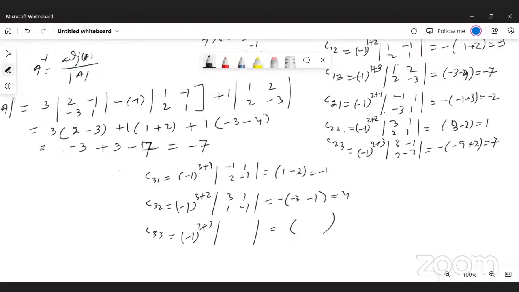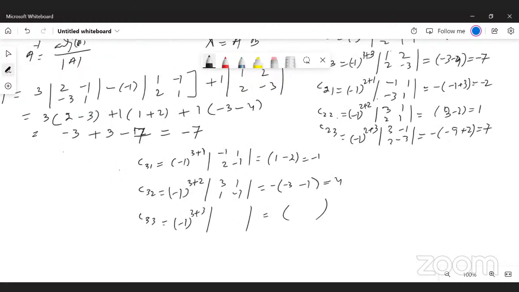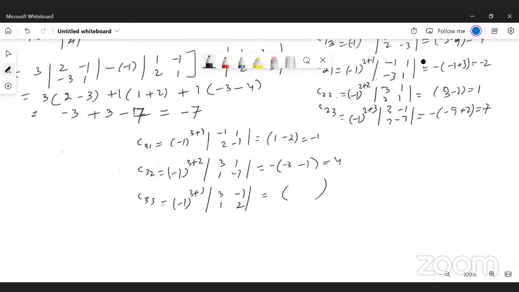Similarly, for the third row, third column, we get 3 minus 1, 3 minus 1, 1 and 2. So it becomes 6, 6 plus 1, I mean it will be 7.